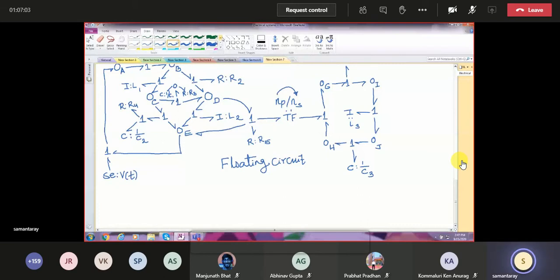So I will put the ground now. Electrical ground has potential 0. Ground has 0 potential. This is ground. They are ground.